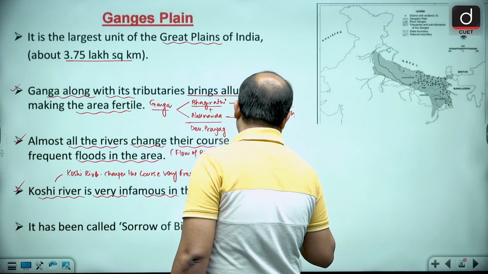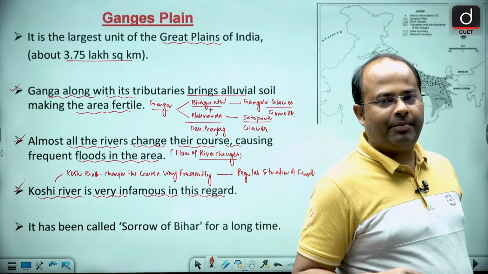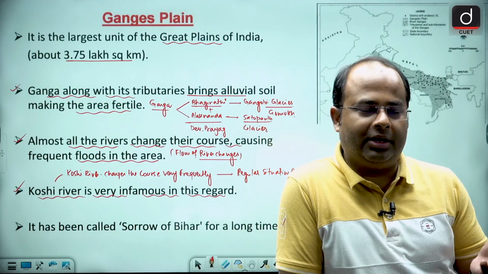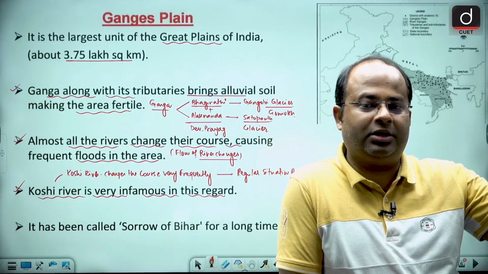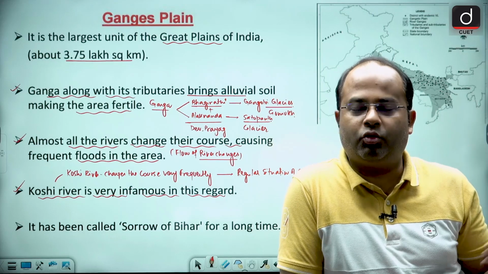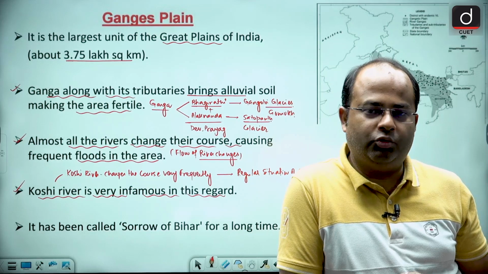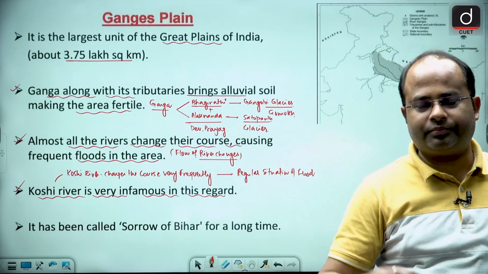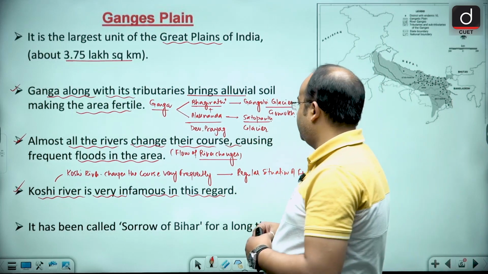Another reason is this, guys: when there is too much water in the Bagmati river, Nepal uplifts the barrage, and a huge amount of water comes into the Kosi river. When the Bagmati river is overflown, they lift the barrage, the whole water gets into the Kosi river, and due to this the flood comes.